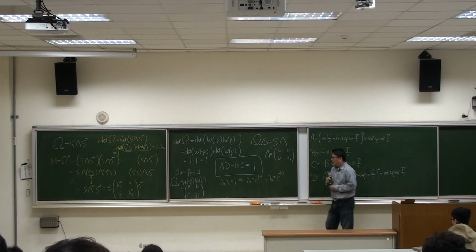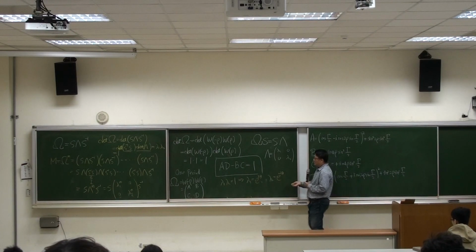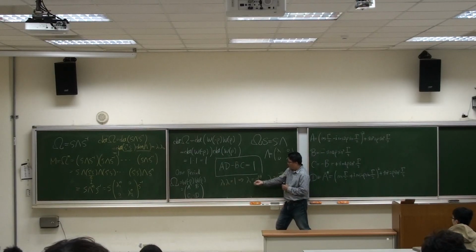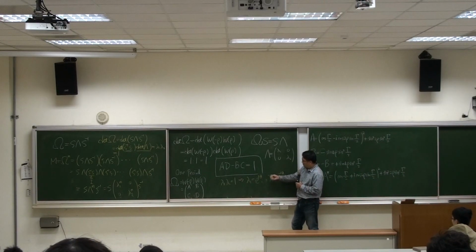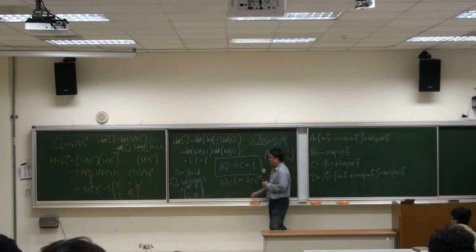Okay? We just parameterize lambda 1 as exponential i theta and lambda 2 as exponential minus i theta.